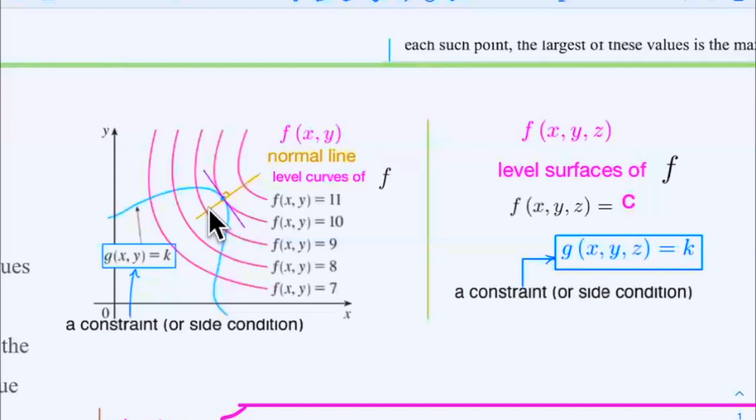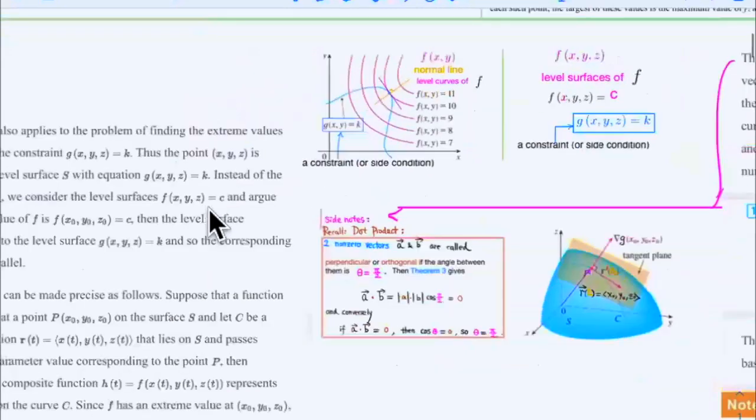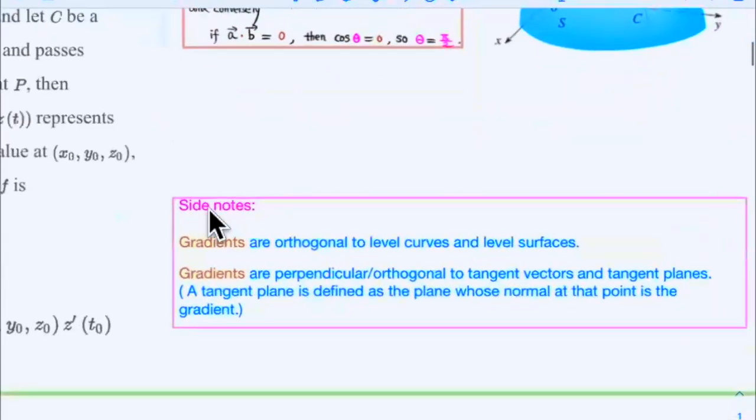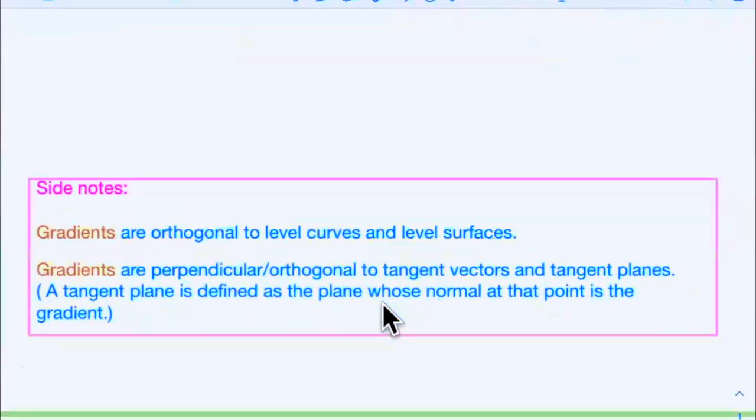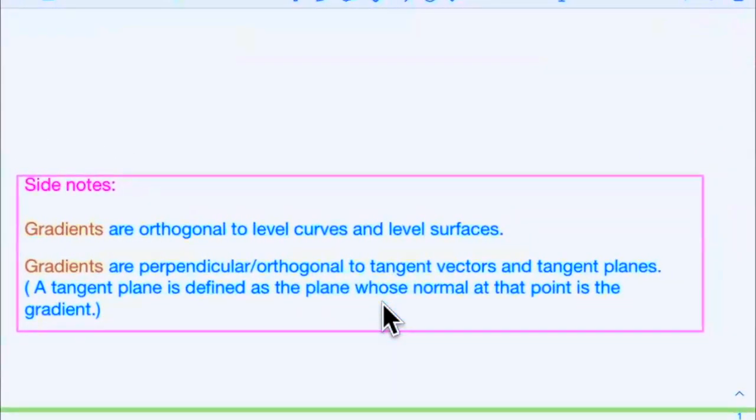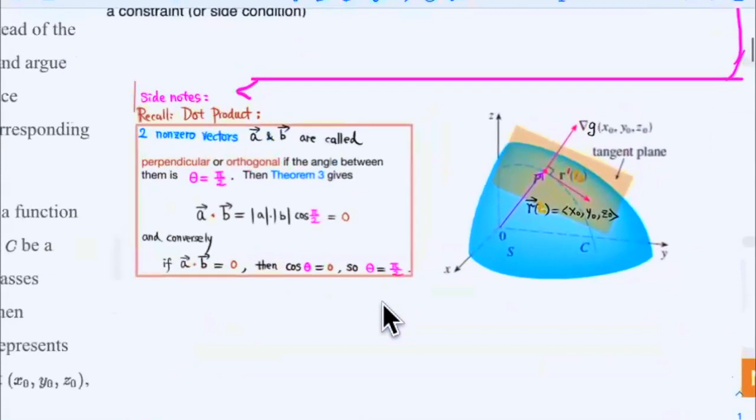Okay? Because let me remind you right here. Gradients are perpendicular, or usually we say they're orthogonal, to vectors that are tangent. Okay. So because the tangent plane is defined as the plane whose normal is the gradient. Okay. So that's how the tangent plane is defined. Okay. Now let's look at the picture here.